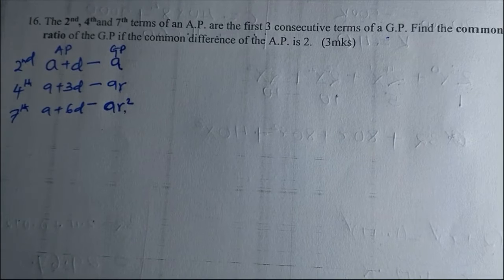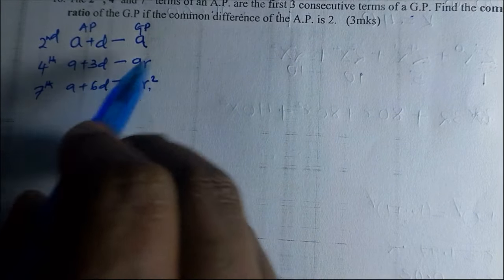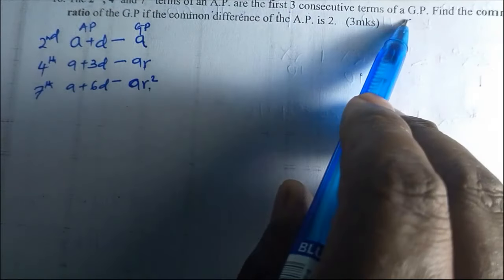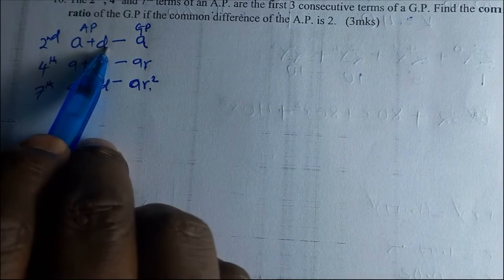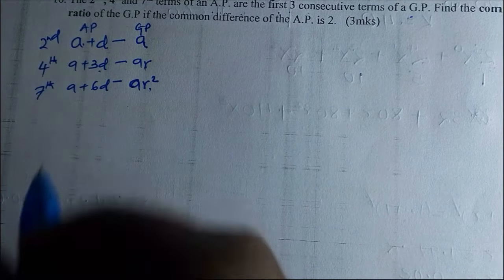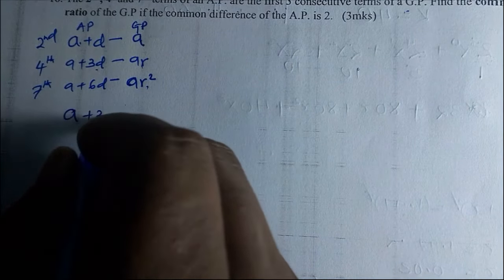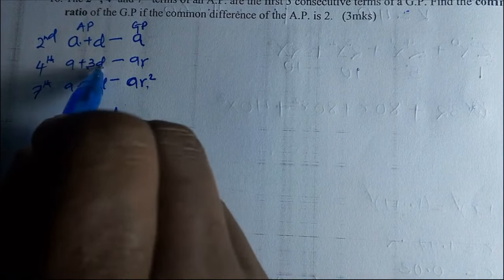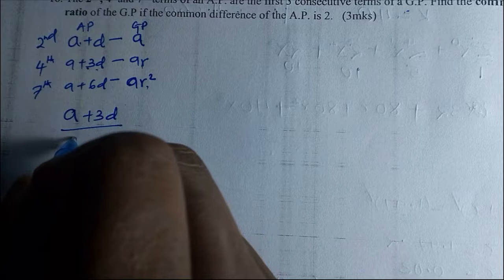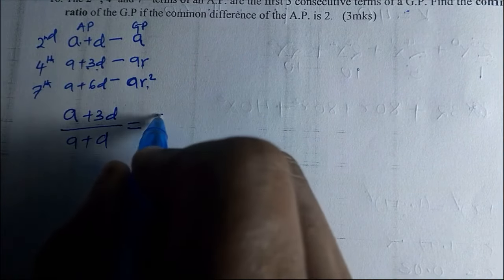So that means that, remember, for the GP, the second divided by the first gives us the common ratio. So A plus 3D, the second, divided by A plus D will be equal to AR over A.